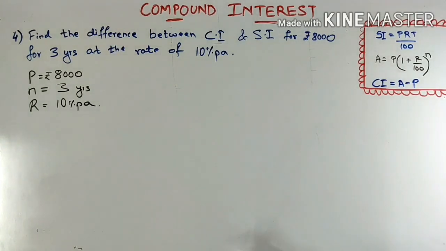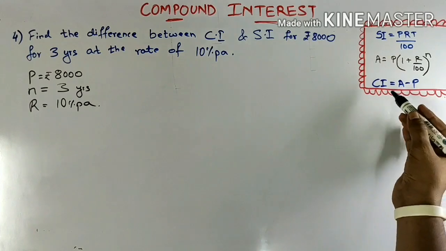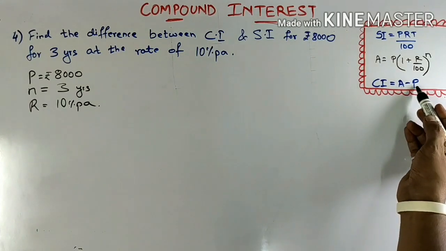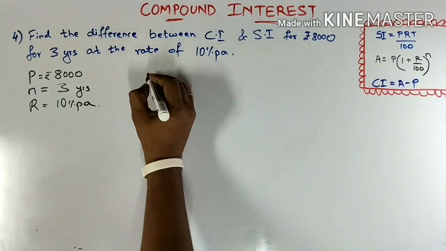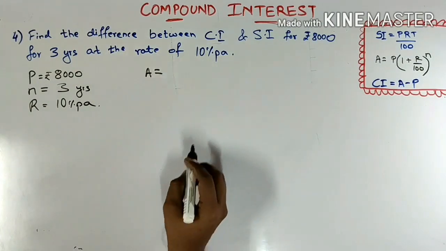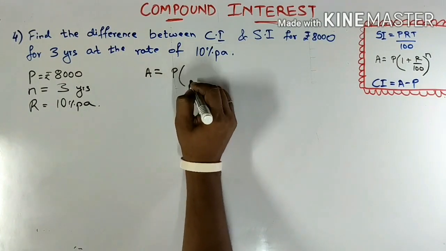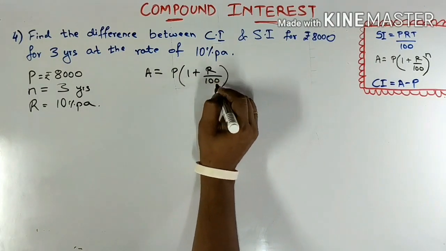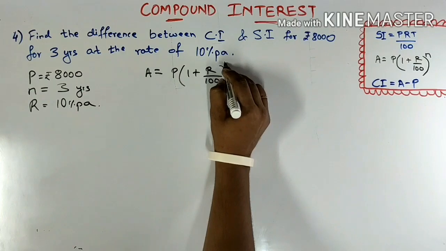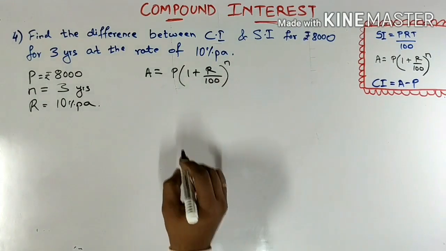So the formula for compound interest will be amount minus principal. For that we need to calculate amount. So amount is equal to principal into 1 plus rate of interest upon 100 raised to the power number of years.